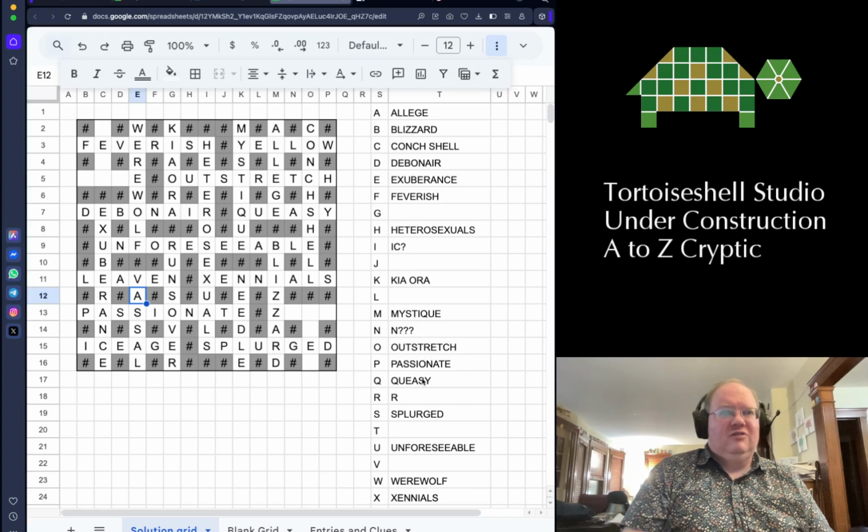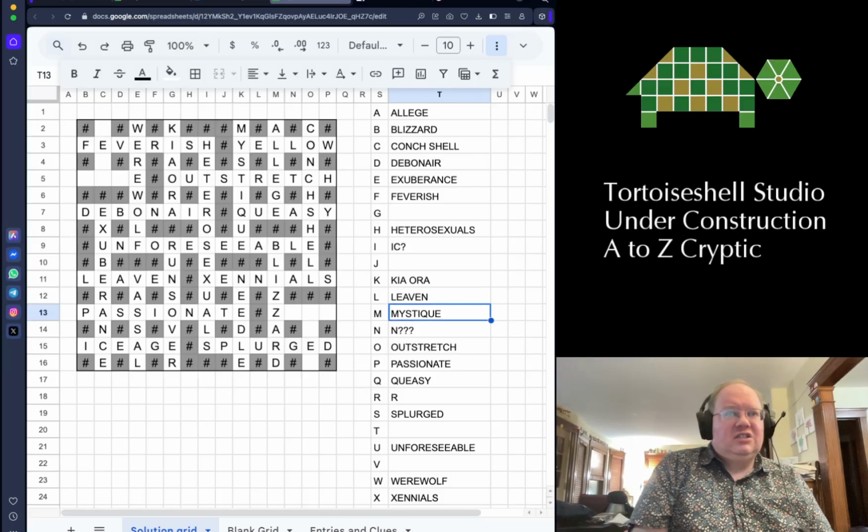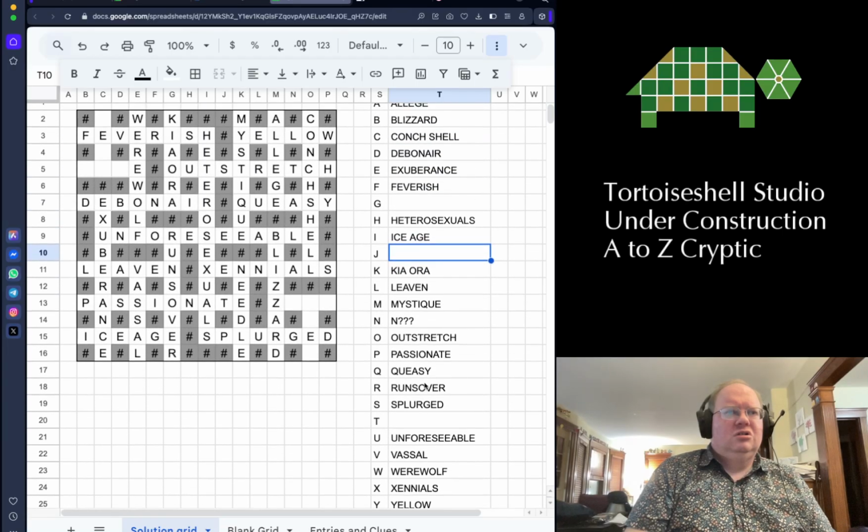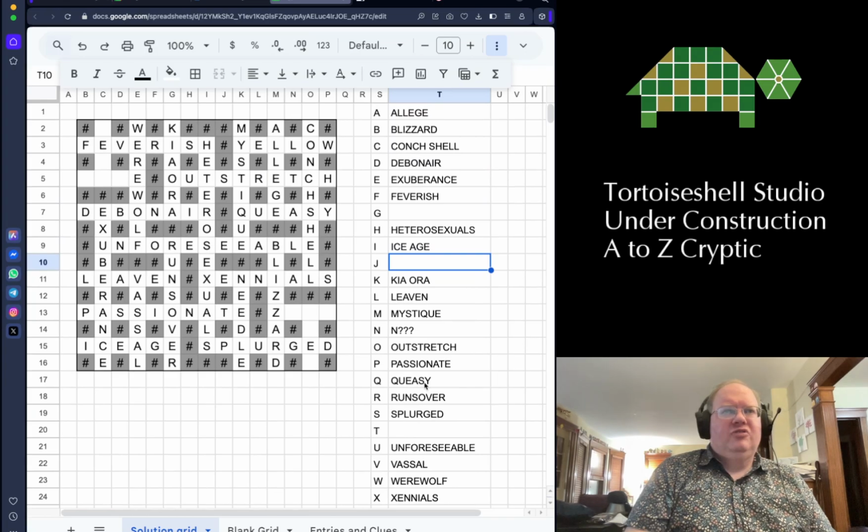Alright, so let's see. We've got Passionate. We have this Z that we don't know. We've gotten 11. We've gotten Vassal. Runs over. Ice Age. So now we've got G, J, T, and Z, with the Z being there.